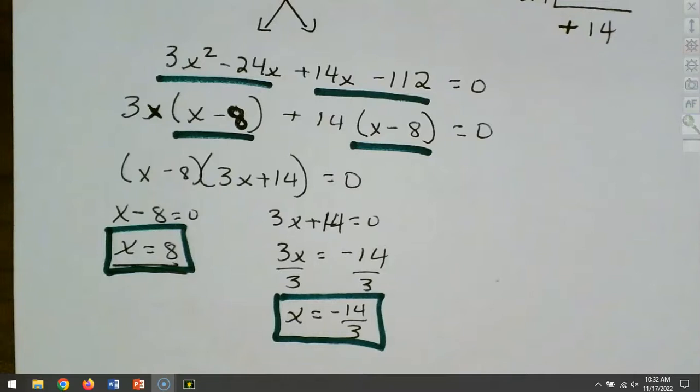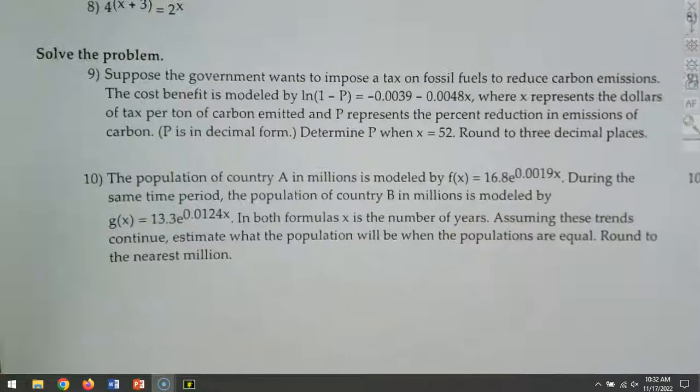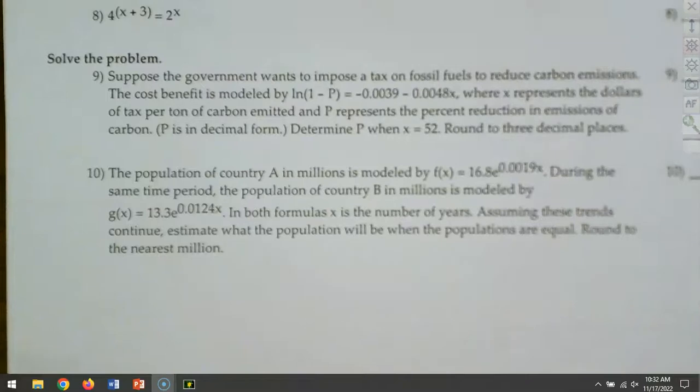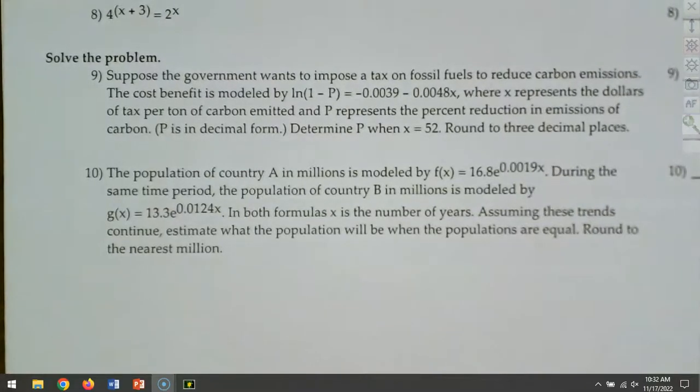I'll do question 9 from the homework. You can do 10. You've got two of them from your homework. Now, these are simply plugging values in.